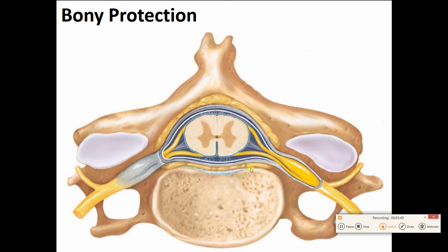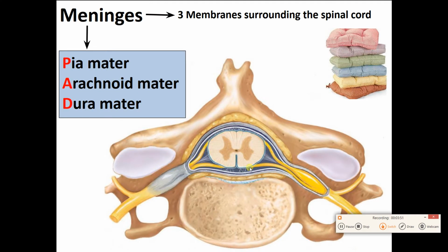So, what about those meninges? The meninges are the three membranes surrounding the cord. They are the pia, the arachnoid, and the dura mater. That's from inside to outside. There's my pia mater right there on the cord itself. Go a little farther out, you get the arachnoid mater right there, the white one, and then this grayish one is the dura mater.